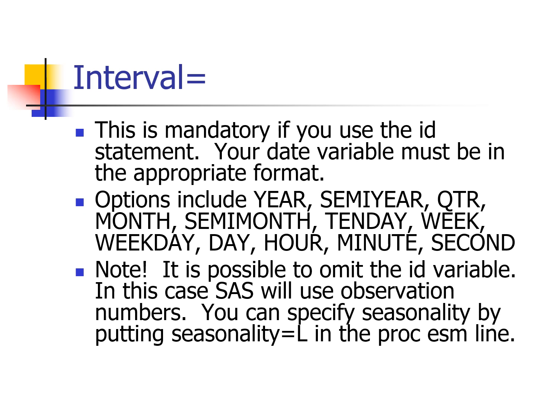And if you wanted to still do seasonality, then you can just put seasonality equals L in the proc ESM line. So if you had monthly data, you don't actually have to format it in a monthly format. You could just use observation numbers and put seasonality equals 12.